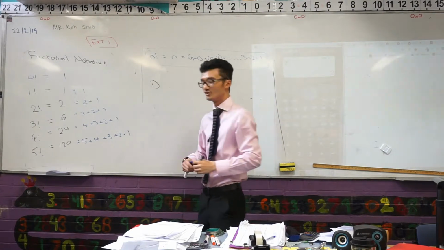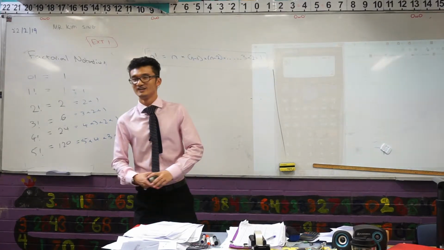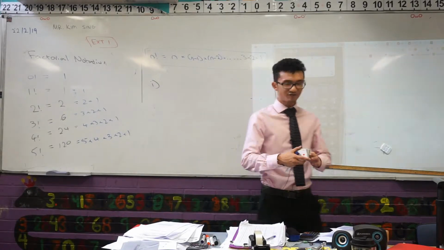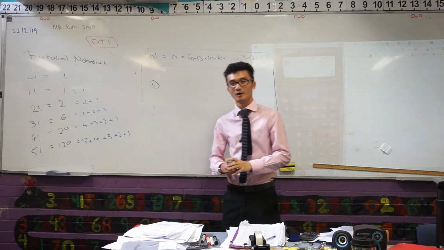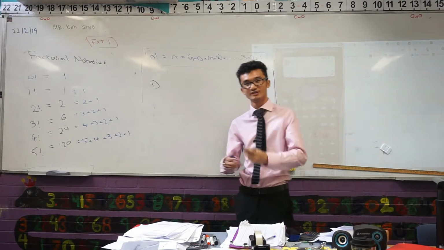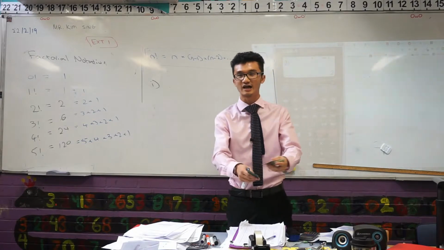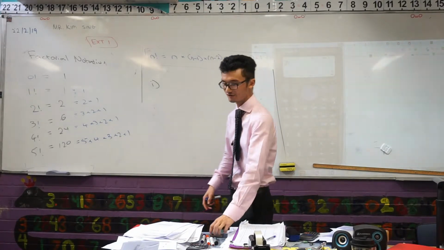What about the jokers? We take the jokers out. Now, I have 52 cards. If I want to think about how many different possible arrangements I can have, how many different ways I can deal this out, how many different spots are there?